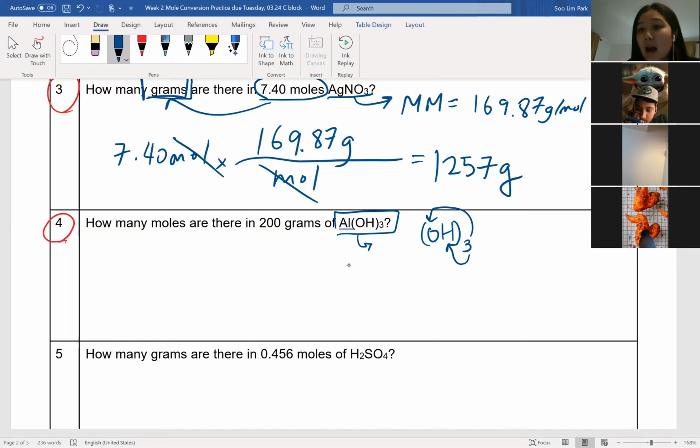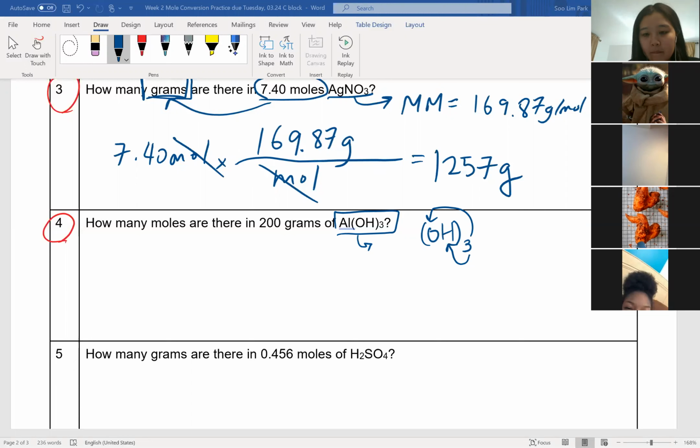So when we add the elements together, what's the molar mass of aluminum, anyone? Is it 26 something? Who has it? 26.982. 26.98.